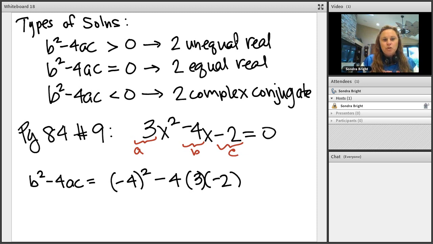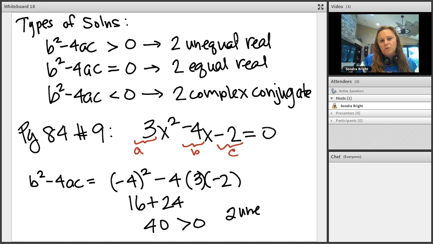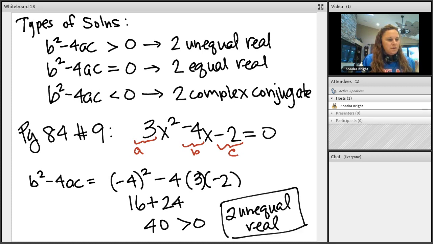When you plug a number into something squared, there are parentheses around it, so that means that -4, when you square it, becomes a positive 16, and this will be plus 24, which is 40, which is greater than 0, and so your answer would be two unequal real solutions.